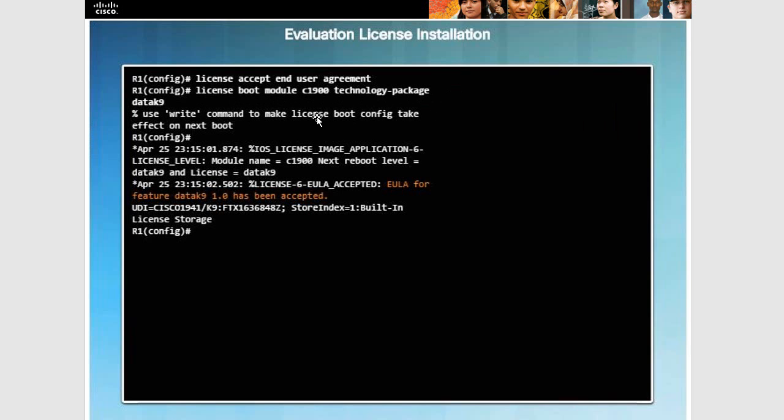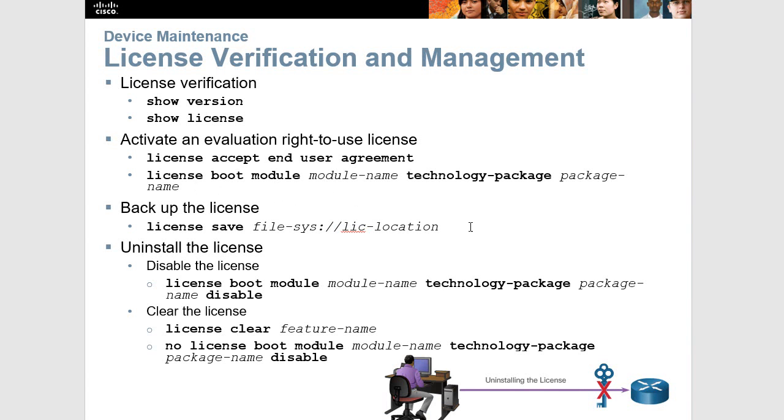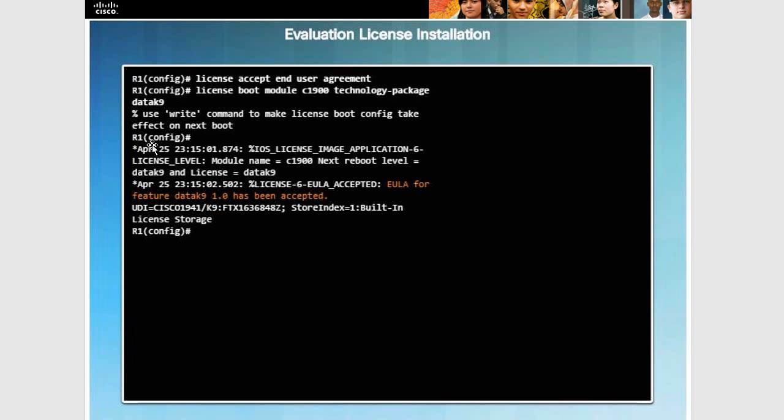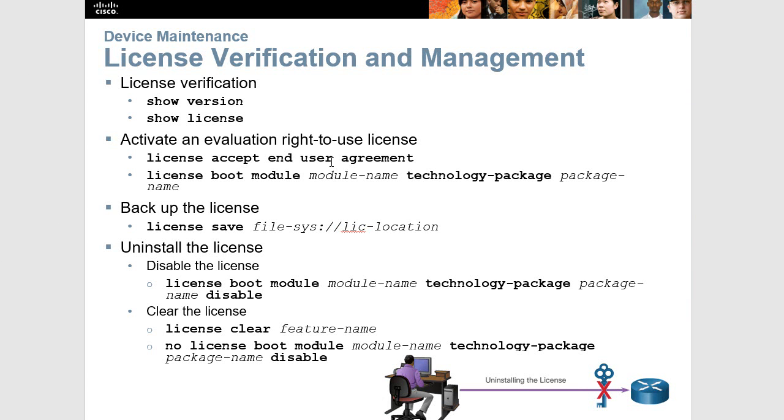Whichever it is that you're activating, you're going to have to type in there. So, license boot module c1900 technology package data k9. That's how you would activate an evaluation or right-to-use license.